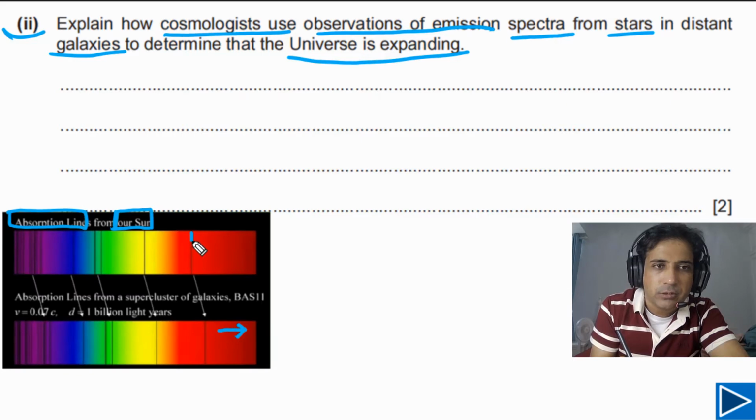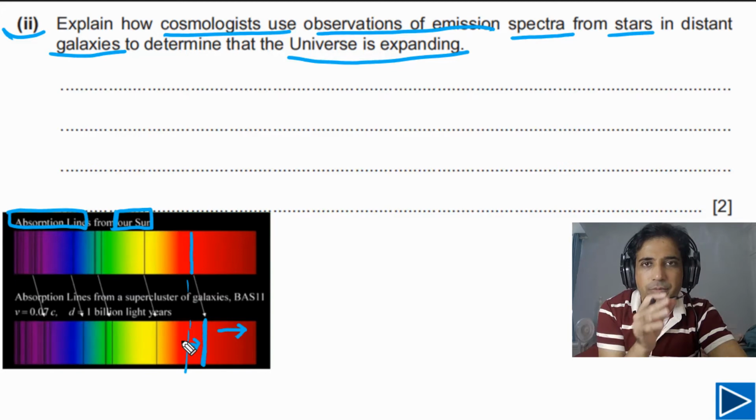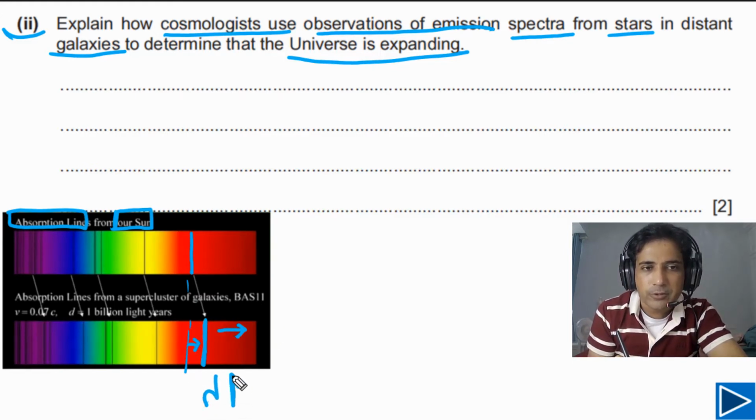So you see in our sun we see this line here, but in another star we see this line has been shifted by a certain amount, meaning it has been shifted towards the red end of the visible spectrum, or simply you can say in this case the wavelength has increased. So lambda of spectral lines have been increased.